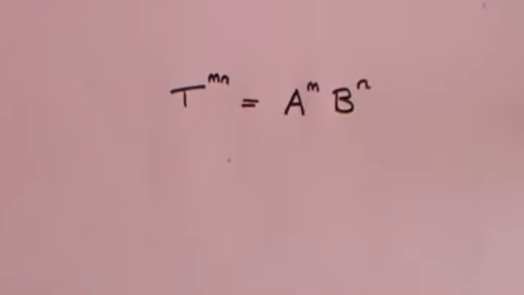So obviously, if I'm talking about 2-dimensional space where m can be either 1 or 2 and n can be 1 or 2, then Tmn can have 4 versions, where m and n each have values 1 and 2. If you've got 3 dimensions of space, m and n can each have values 1 to 3, and so Tmn has 9 different versions.